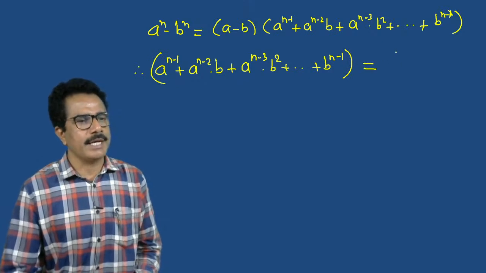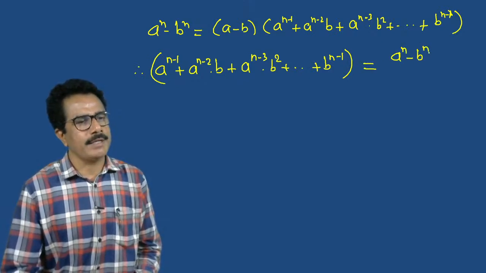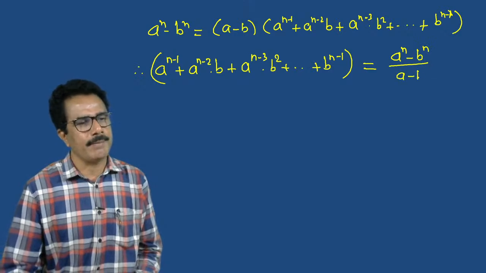This can be written as a raised to n minus b raised to n divided by a minus b.